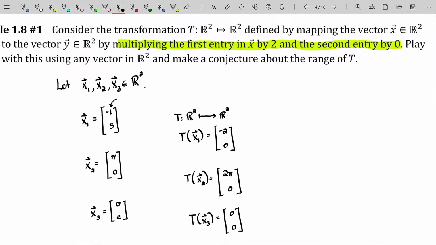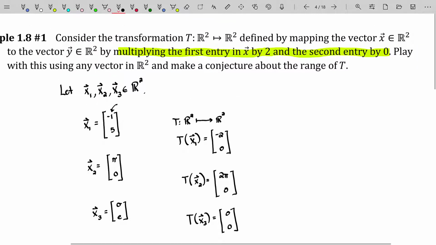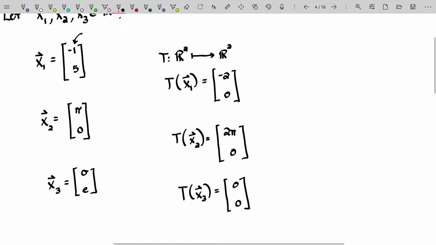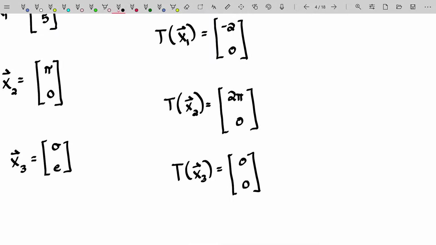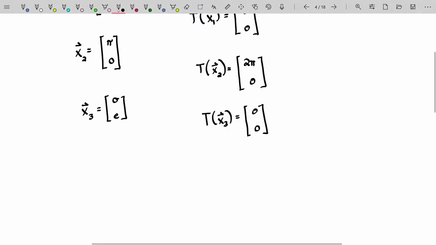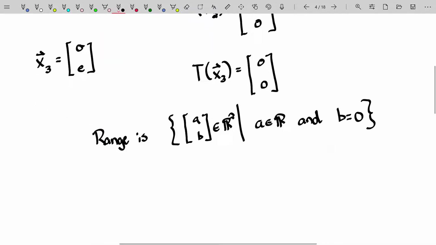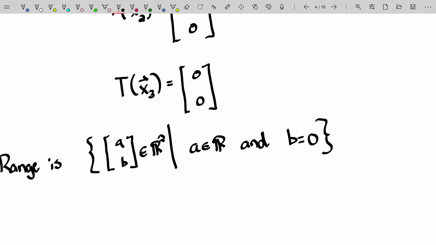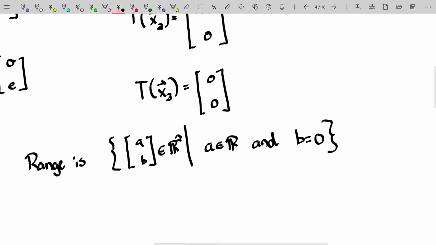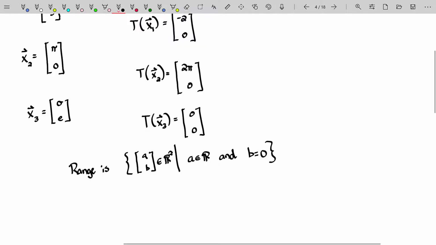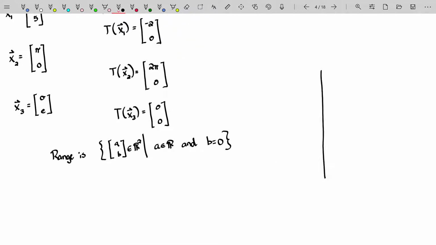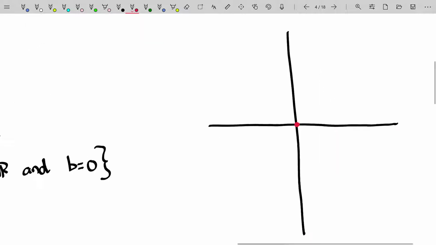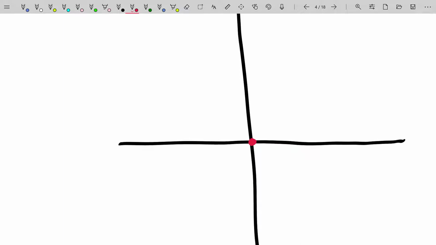And so the conjecture here, make a conjecture about the range of our transformation. The range of our transformation is going to be the set of all vectors, I'll write it this way first, the set of all two-dimensional vectors such that the first entry is a real number and the second entry is 0. Now, if you think about that as a graph here, the first entry could be 0 and the second entry would have to be 0. The first entry could be 2.